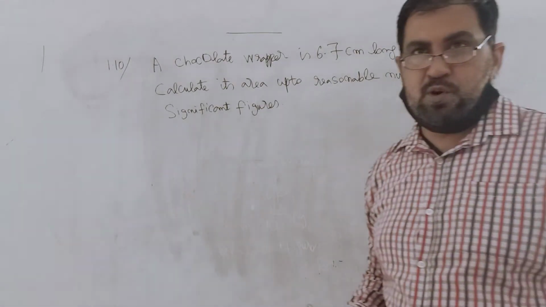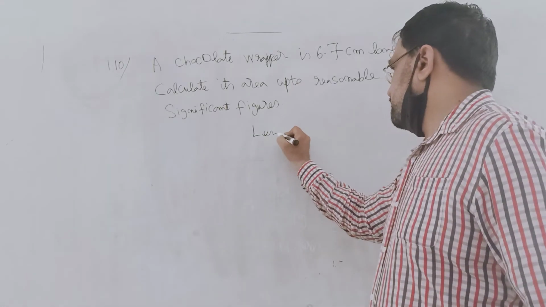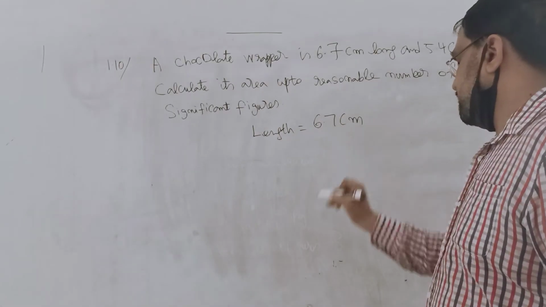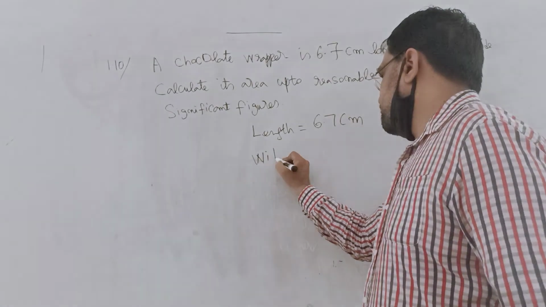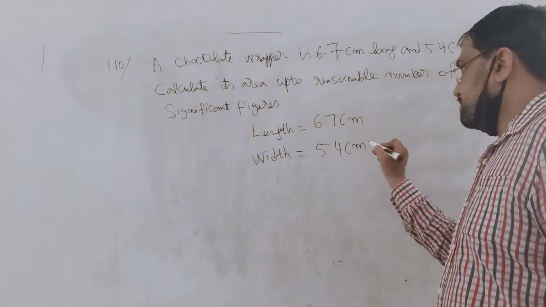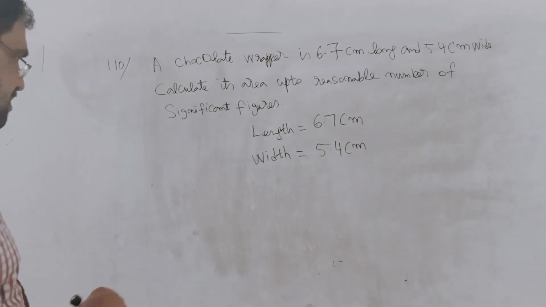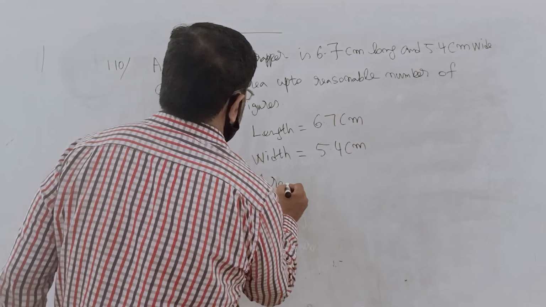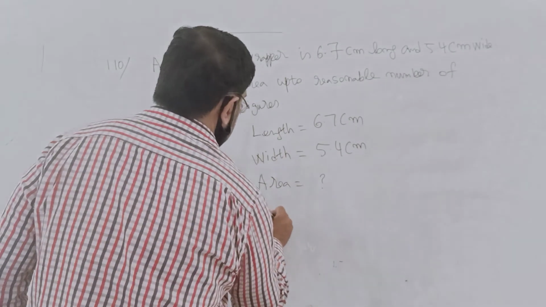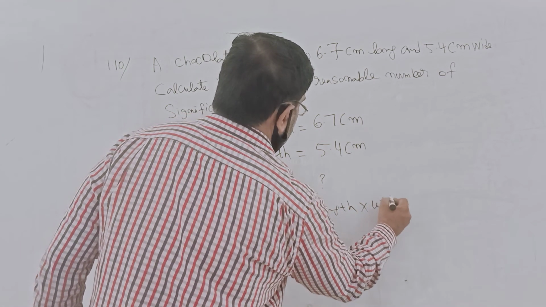First of all, we write down the data. Length is equal to 6.7 centimeter. Width is equal to 5.4 centimeter. Now we have to find the area. So area is equal to question mark. Using the formula, area is equal to length into width.